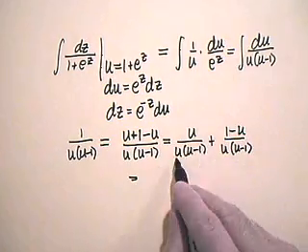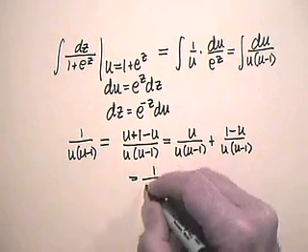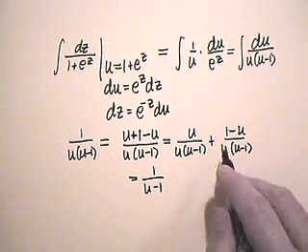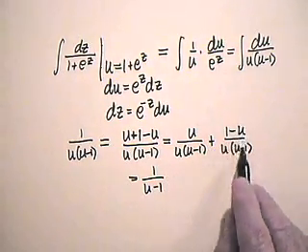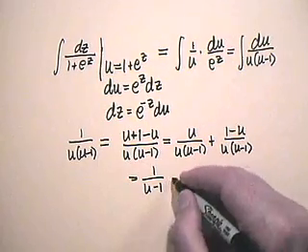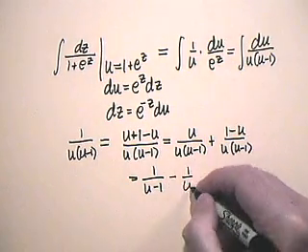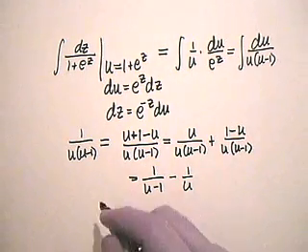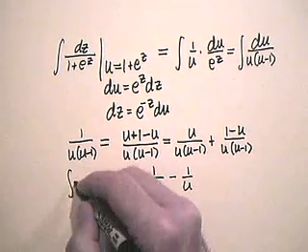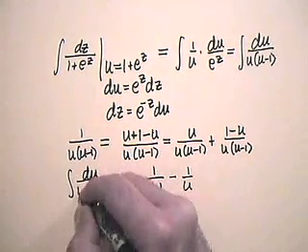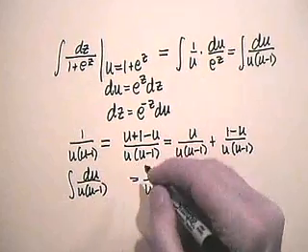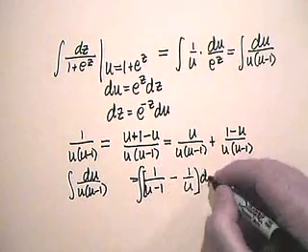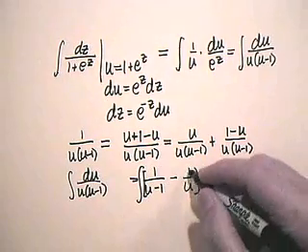Notice in the first term the u's cancel and I end up with simply 1 over the quantity u minus 1. In the second term, 1 minus u over u minus 1 is negative 1, so that's minus 1 over u. So you see our integrand has actually simplified. And so that means the integral of du over u times u minus 1 equals the integral of 1 over u minus 1 minus 1 over u du.